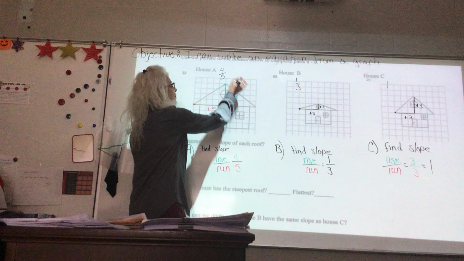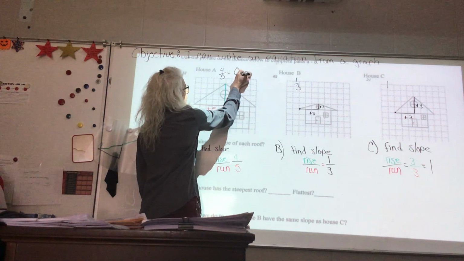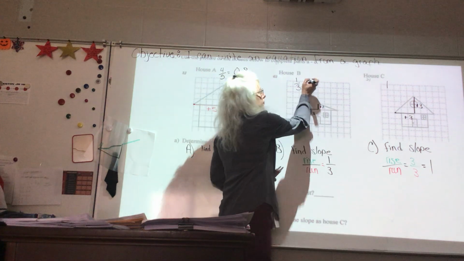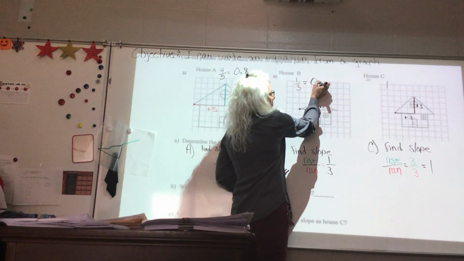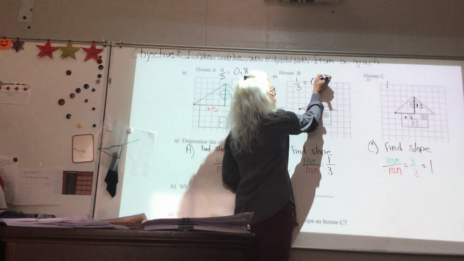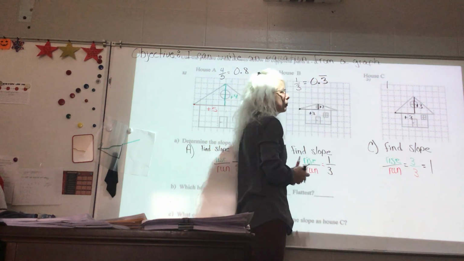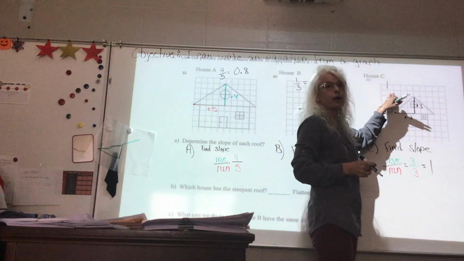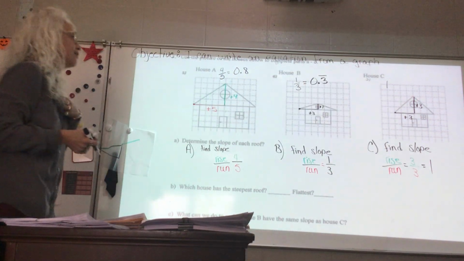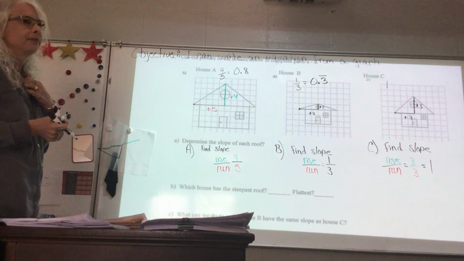What is 4/5 as a decimal? 1/3 as a decimal? Good. Repeating 3. And then 1 is just going to be 1, right? So which house has the steepest roof? A, B, or C? C.